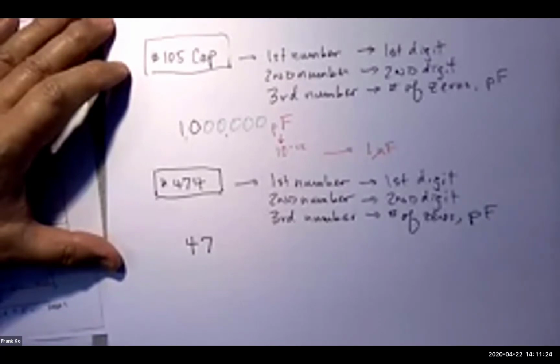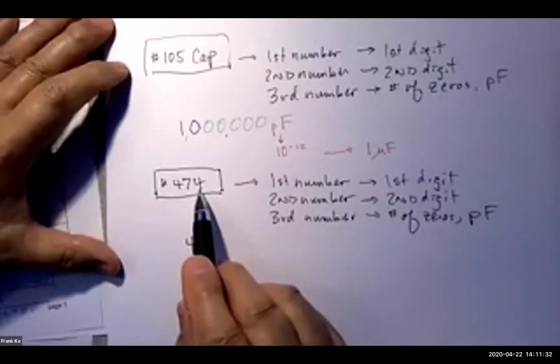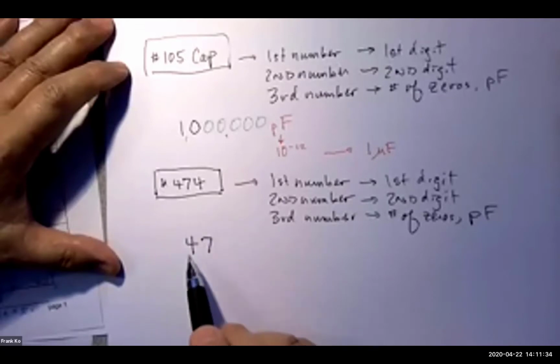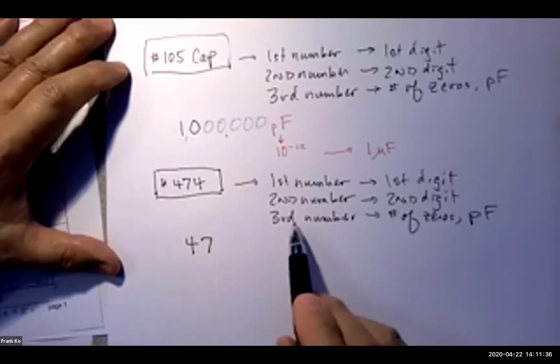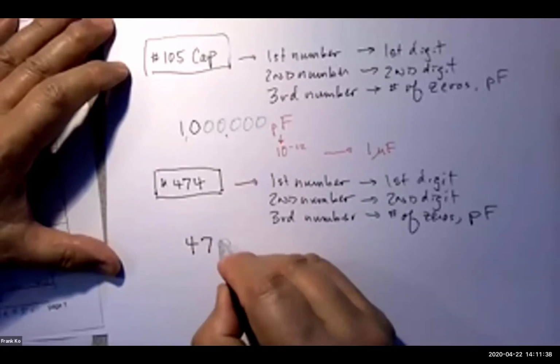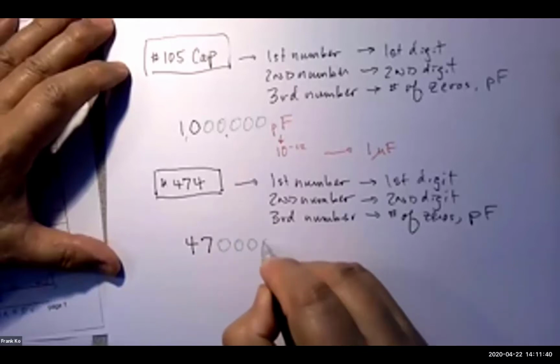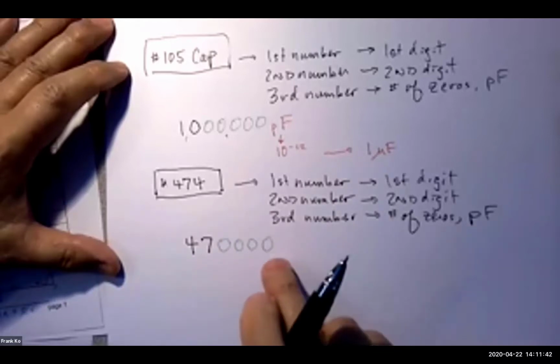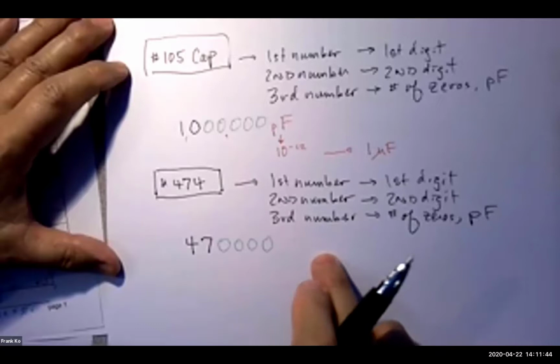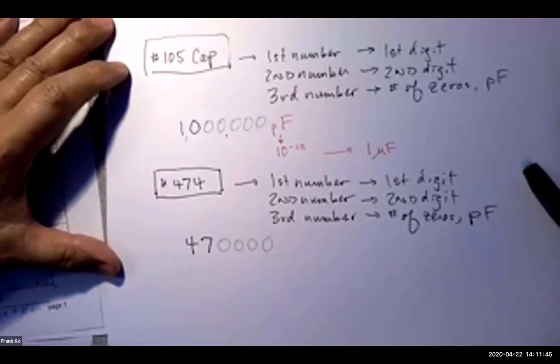How many zeros am I going to write? The third digit tells me how many zeros. It's a 4 and a 7. This 4 tells you 4 zeros: 1, 2, 3, 4.